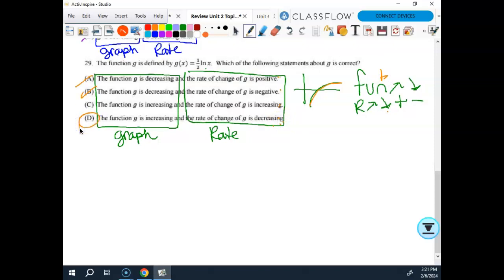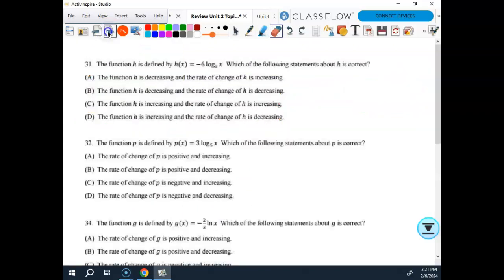But if it had asked us, if it said positive or negative here, you can just sketch this and see what it is, but because the graph is increasing, that tells me that my rate is positive. So if that was part of the answer choices, then that's how I would know for that. Okay, still from the fun chart.